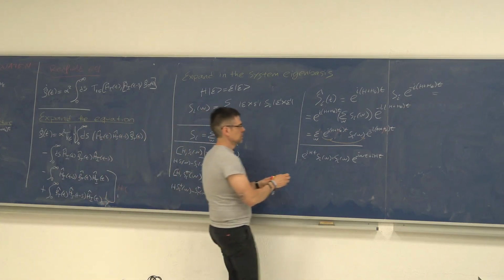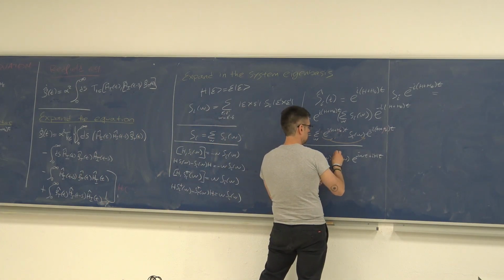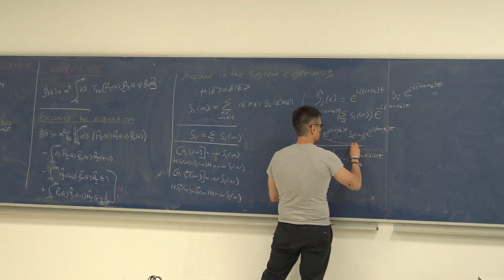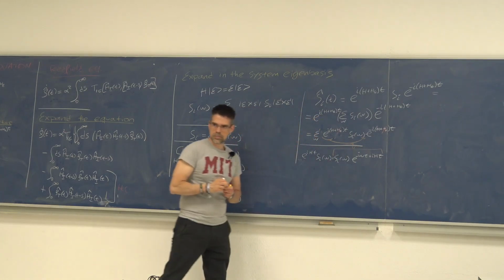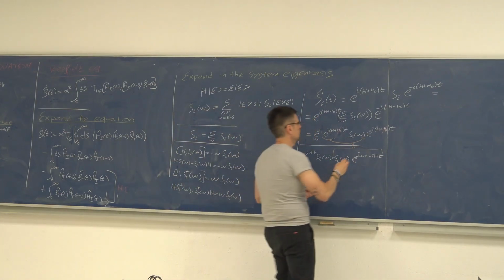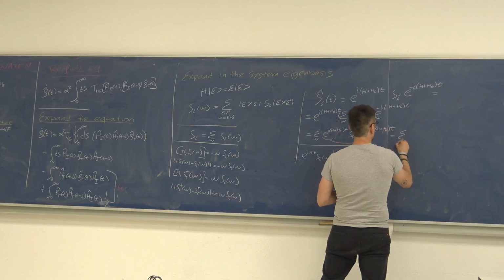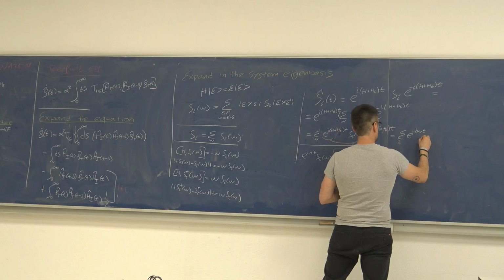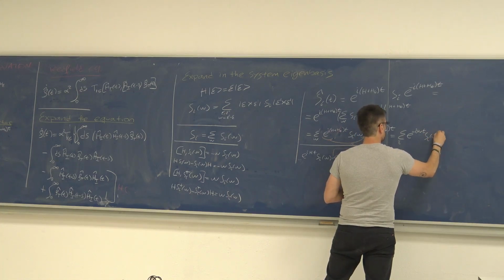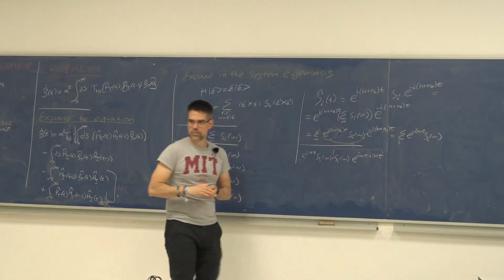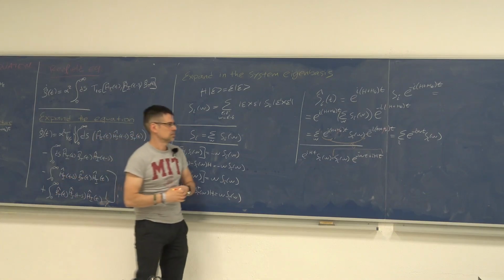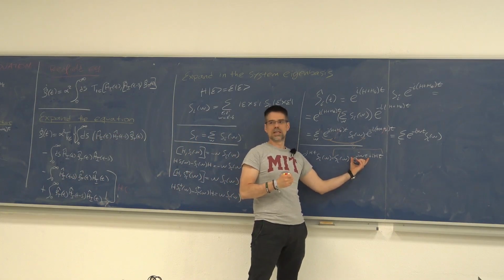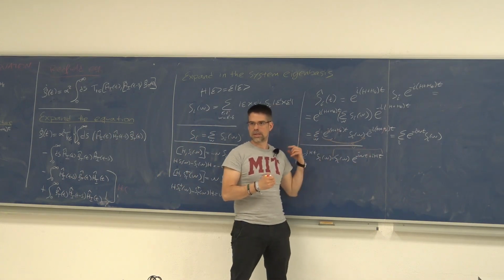This we can plug here, and what we get is that this is equal to the sum over i of the exponential of minus i omega t S_i of omega. This is on the right, but this is just a number. As it is a number, I can just take it back.